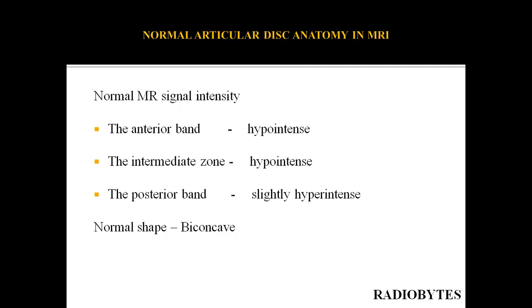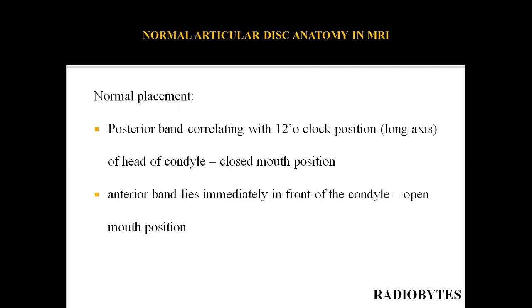The normal shape of the articular disc, as I showed, is biconcave in both positions. And the normal placement of the articular disc is that in closed mouth position, the posterior band should correlate with the 12 o'clock position of the head of the condyle. In open mouth position, the anterior band should lie immediately in front of the head of the condyle. This is considered to be normal.